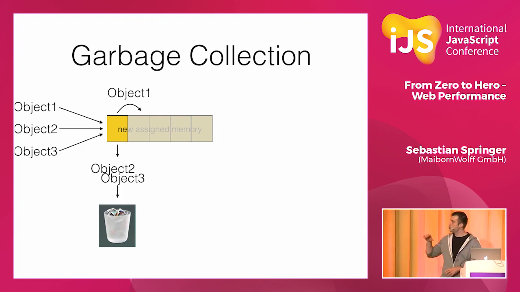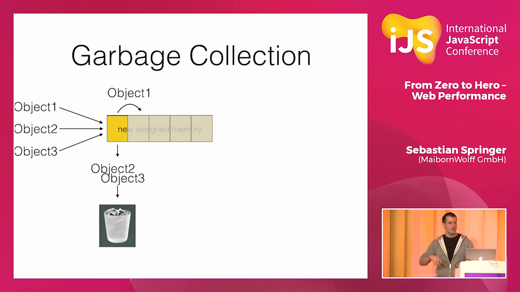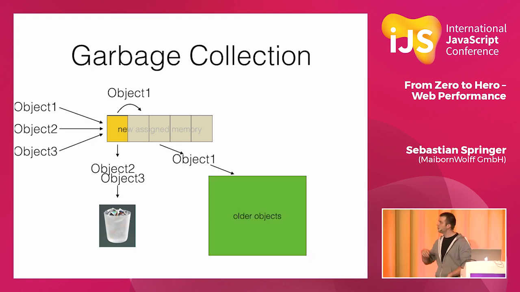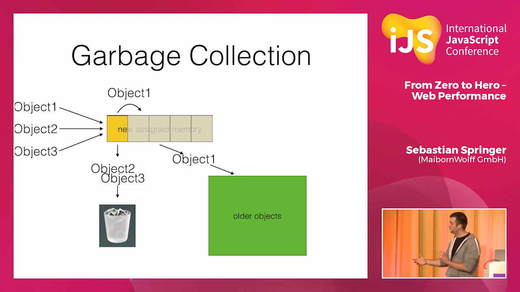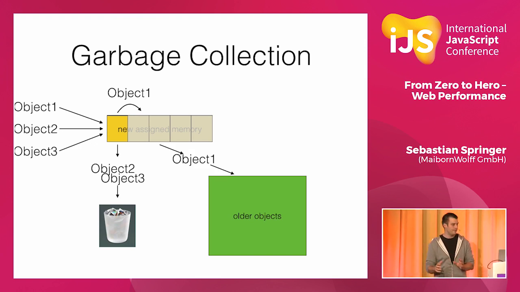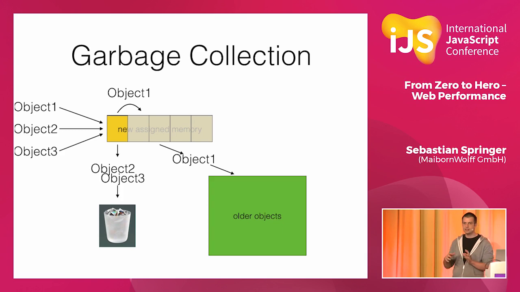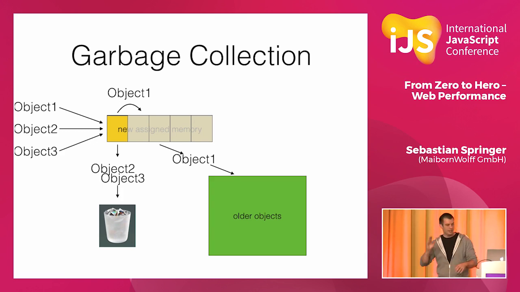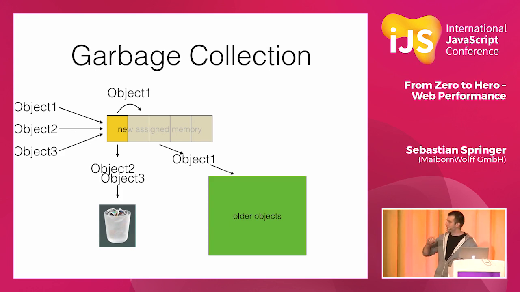And that's just for short-living objects, because if you move an object for the second time, it gets moved to the green section, the old generation section, and this is the section where the older objects live. It's something of a retirement area, but yeah, just kidding.